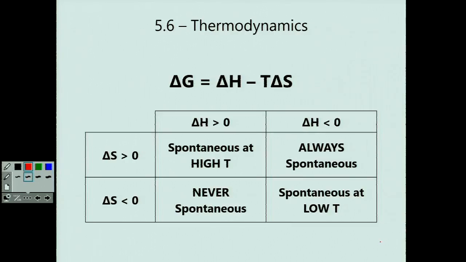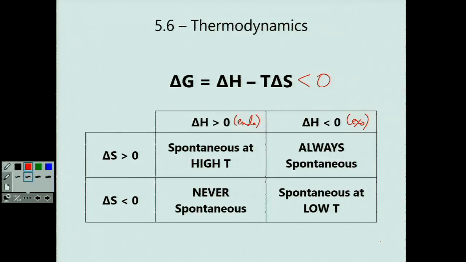Predict what's going to be the sign of this mathematical calculation based on these two, and then what does the temperature have to be in order to make this a negative number, right? Because for spontaneity, that value has to be less than 0, right? Negative. So if you have a process that is endothermic, positive delta H, right? This is endothermic. This is exothermic. There's no such terminology for entropy.